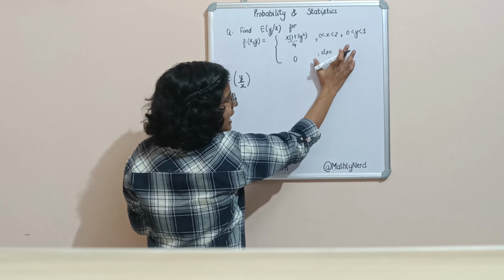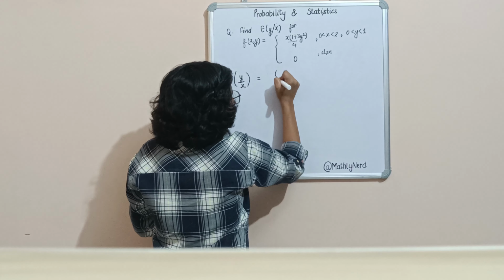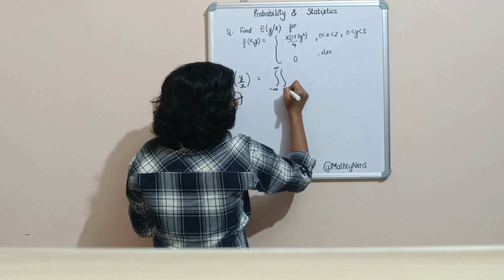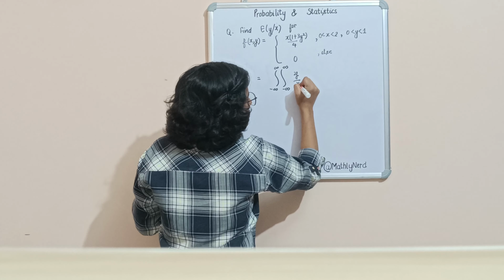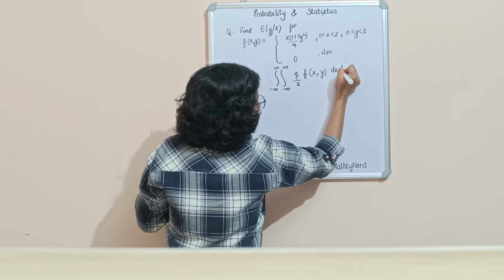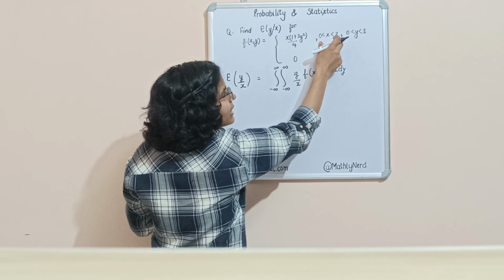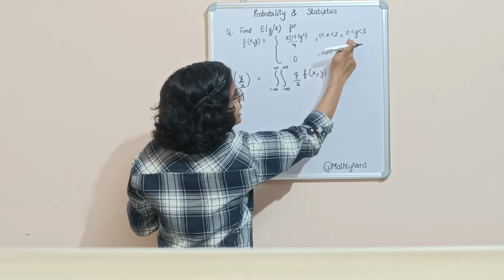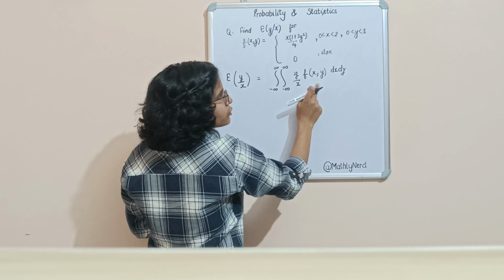As we know, this is for a continuous random variable, so our formula will be the integral from minus infinity to infinity, over both variables, of y by x times f(x,y) dx dy. Outside this interval the function is 0, so we will only integrate within the interval, because 0 contributes nothing to the integration.